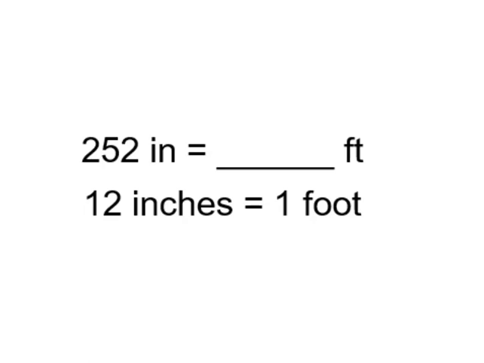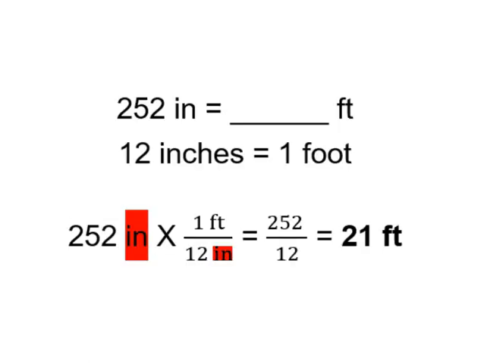252 inches is equal to how many feet? 12 inches is equal to 1 foot. So go ahead and write down, what do you think we need to do in order to convert 252 inches into feet? If you said multiply by 1 foot over 12 inches, you are correct.